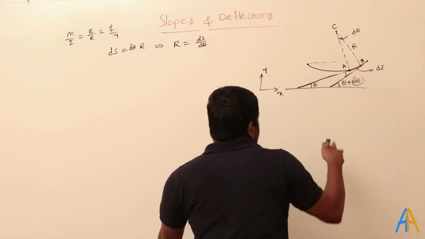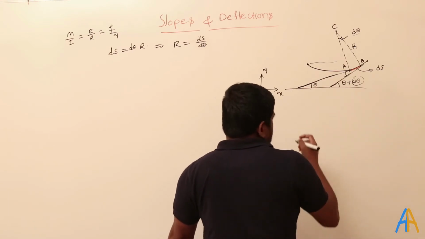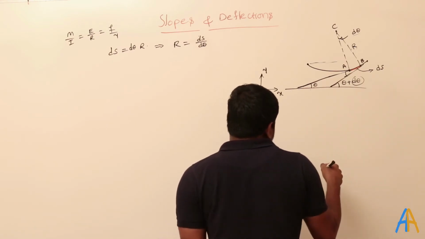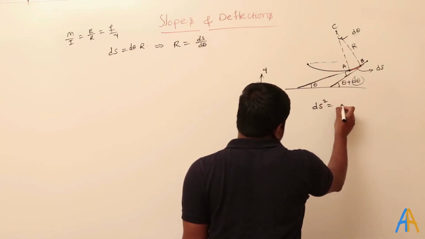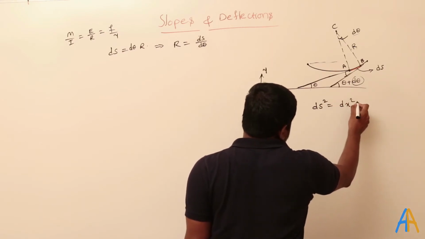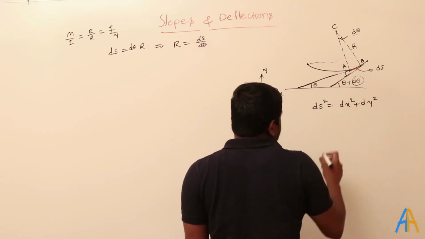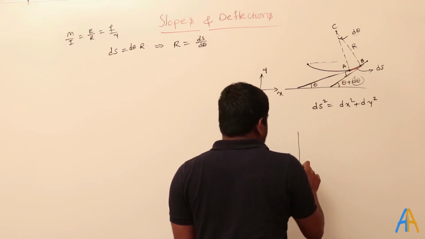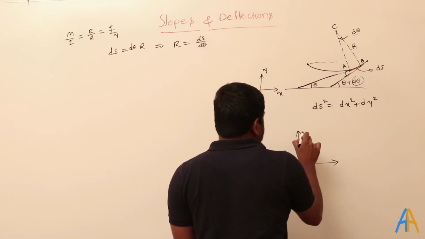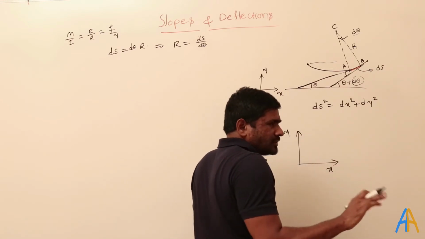How to write this ds in terms of x and y? If you recollect our curvatures in mathematics, then ds square equal to dx square plus dy square. How did we get that? For example, this is a very small element in the xyz coordinates, with x and y. We need not spend this much on derivation.